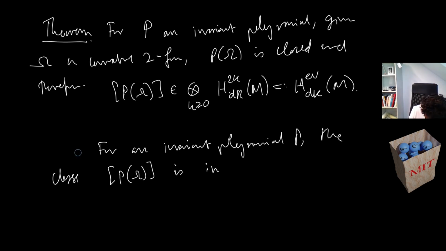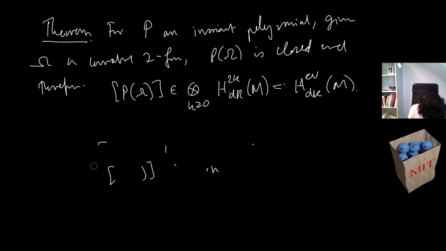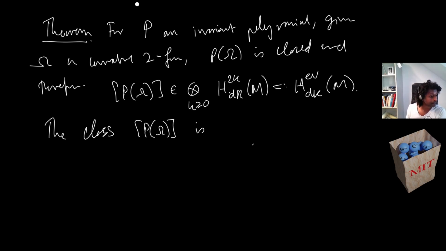Well, actually, maybe this should be a part of the theorem still, right? So this is still a part of the theorem. So I should just say then, the class P is independent of omega.